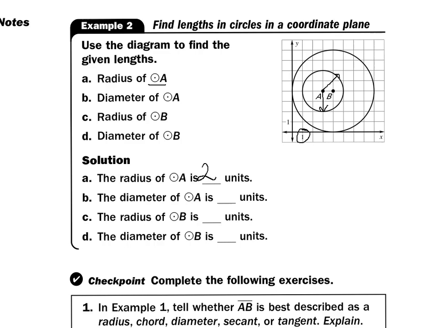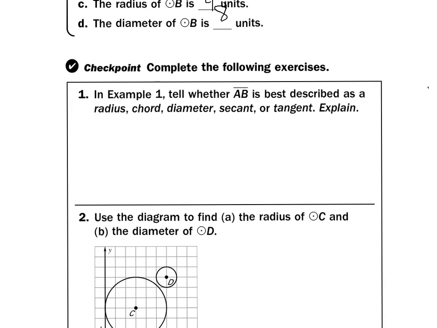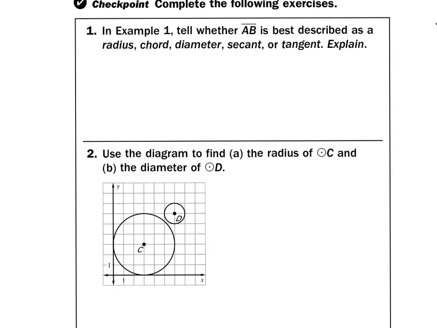Now that makes our diameter twice this, or we can count and say it's 4. Okay, so the radius of B is 1, 2, 3, 4, and so its diameter is 8. Okay, checkpoint. Go ahead and do those 2 and start the video again when you're done.